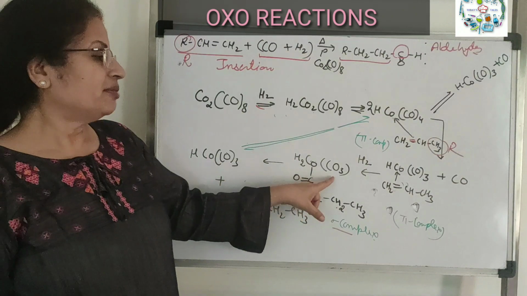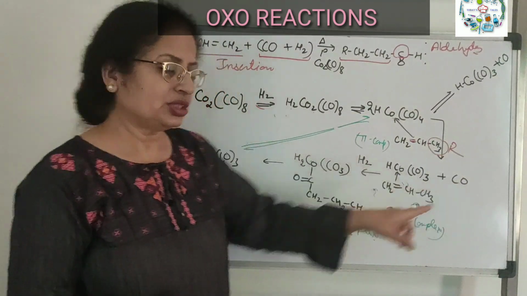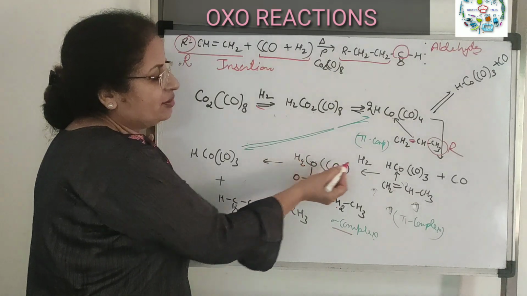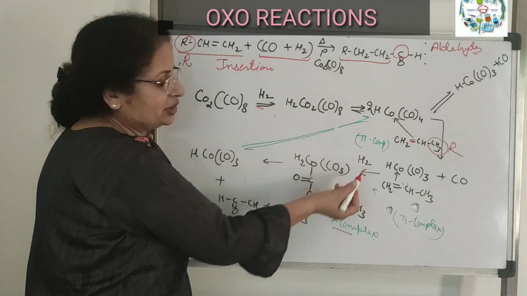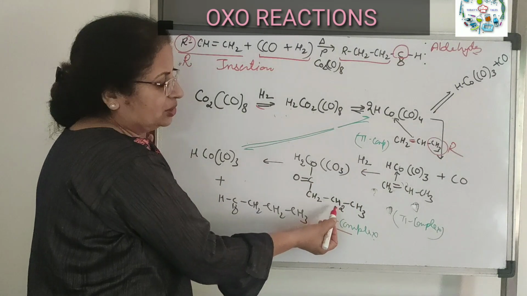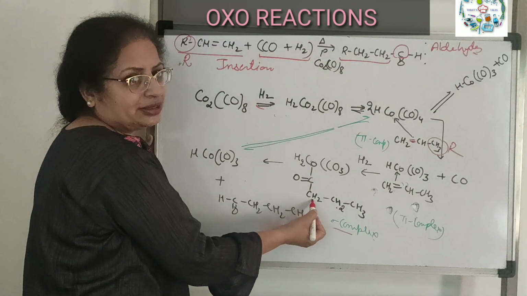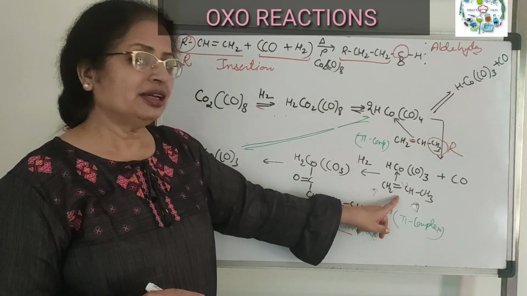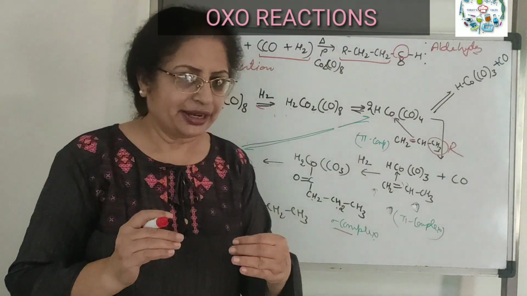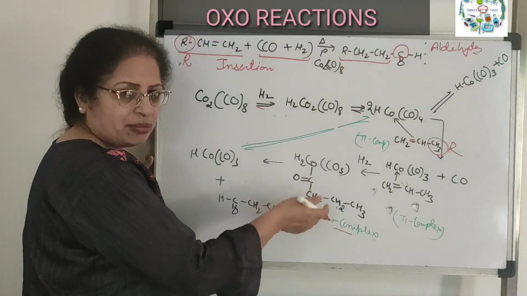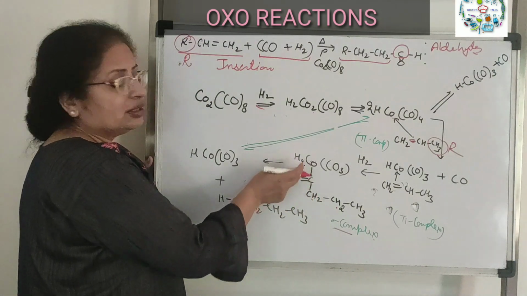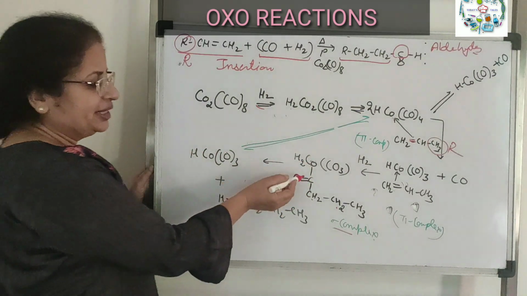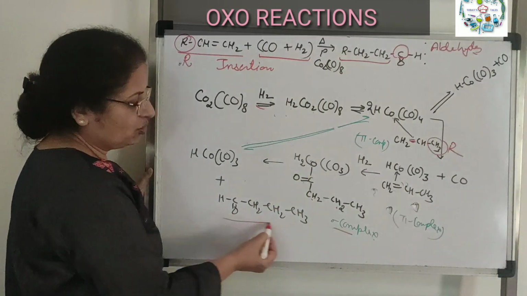Because this carbon monoxide, this extra carbon monoxide is inserted between this carbon and this cobalt, and one hydrogen from this molecule is coming to this carbon. So now it is only single valent because it can make sigma bond. Previously it was making bond with the help of pi electrons. Now it is utilizing sigma bond capacity. So this is the intermediate complex which readily gets converted by taking one hydrogen into aldehyde.